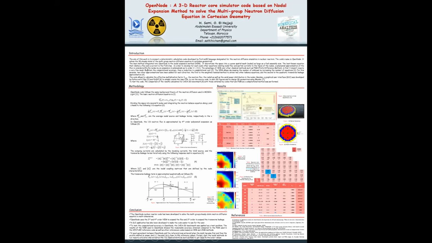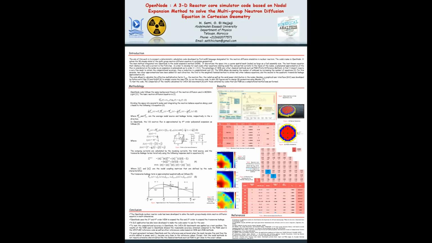The aim of this work is to present a deterministic calculation code developed in Fortran 90 language, designated for neutron diffusion simulation in nuclear reactors. The code's name is OpenNode. It solves the 3D steady state of the multi-group neutron diffusion equation in Cartesian geometry.